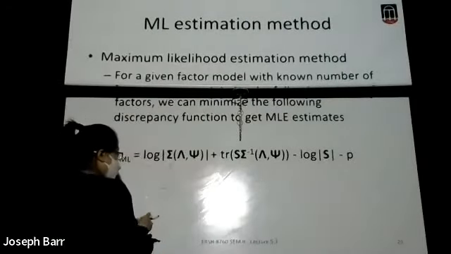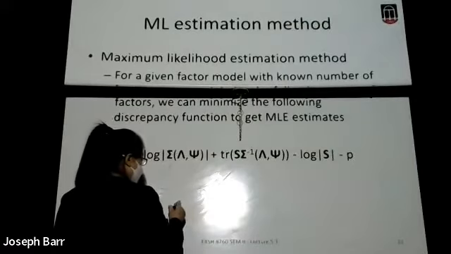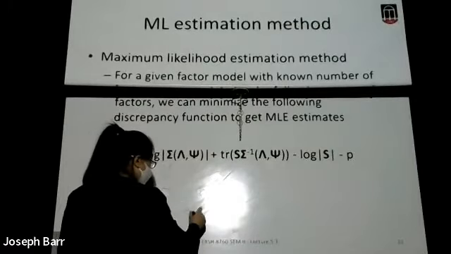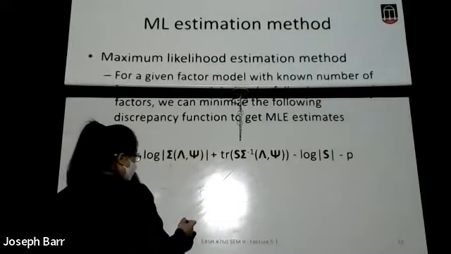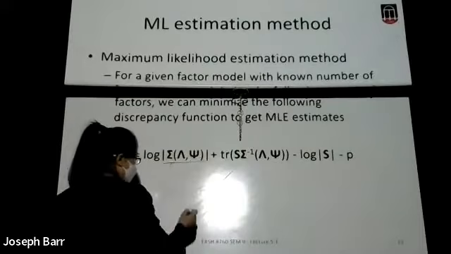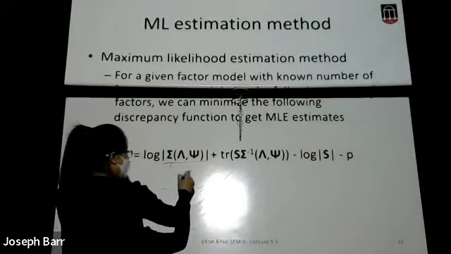In most cases, if we assume phi is the identity matrix, then we have this format. It is a function of lambda and also psi.